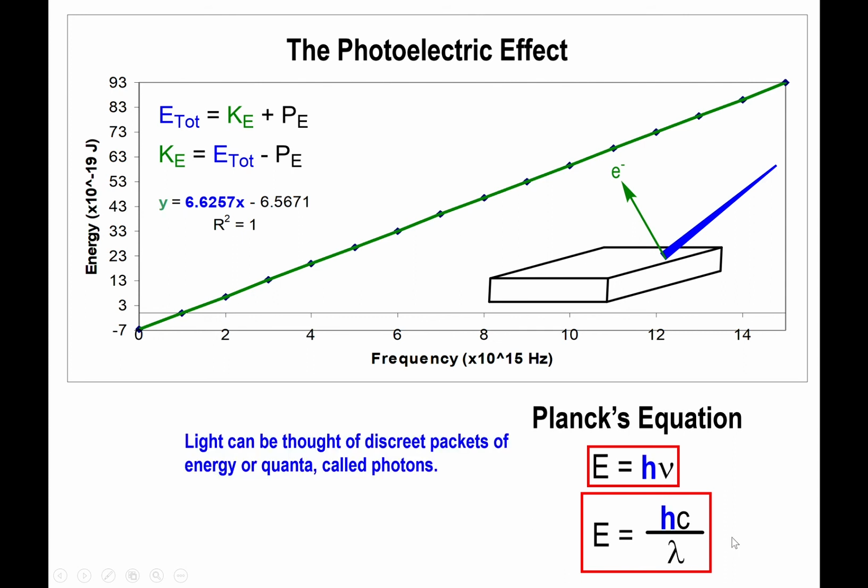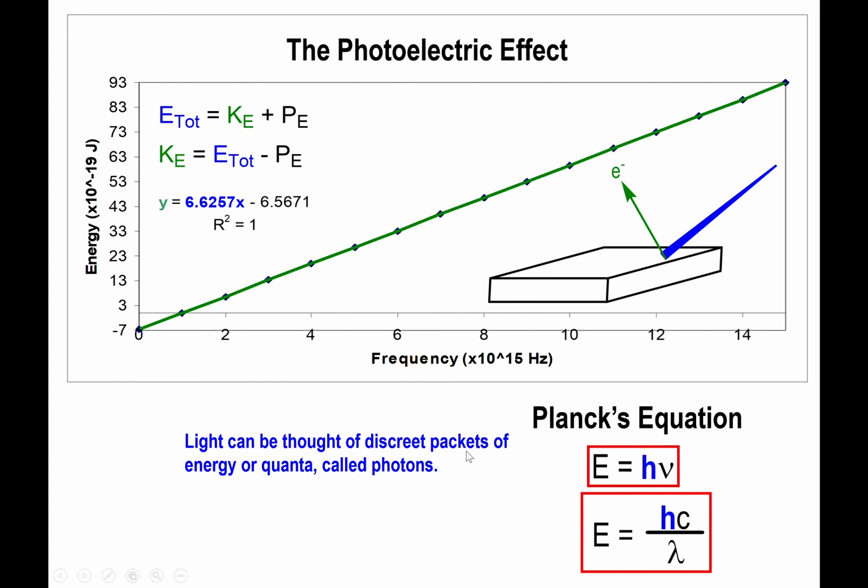Alright, so with that, the last thing to be said is that with these two experiments, the photoelectric effect and the black body radiation, ultimately Planck and Einstein, among other scientists, showed that light actually comes in discrete packets of energy. Discrete packets of energy are also referred to as quanta, which is where the name quantum mechanics comes from.